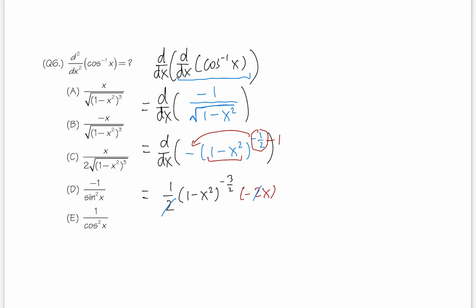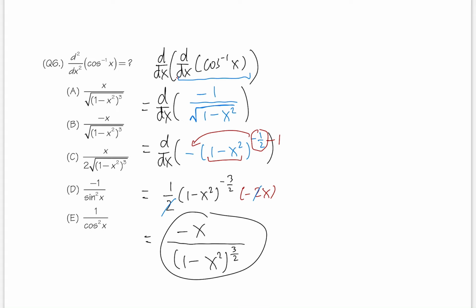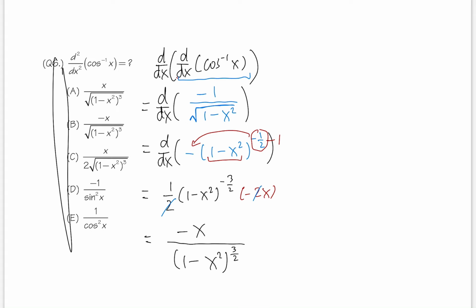So what's the answer? On the top, we have negative x. This has a negative exponent, so we can bring that down to the bottom. So we have this over 1 minus x squared raised to the 3 over 2 power. So that's pretty much it, but unfortunately, this is not one of these answer choices here. So we will have to rewrite.